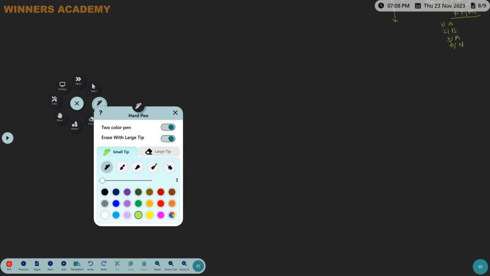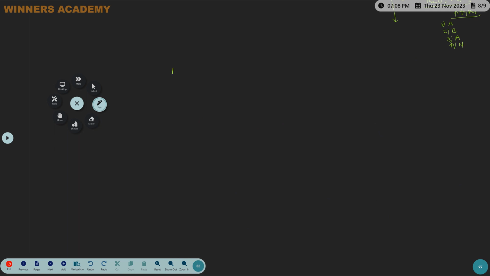Very important one. Look at the board. Boiling point. As the molecular weight increases, melting point and boiling point both increase. Here particularly, boiling point also increases.